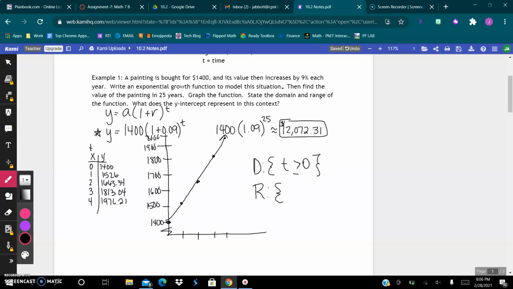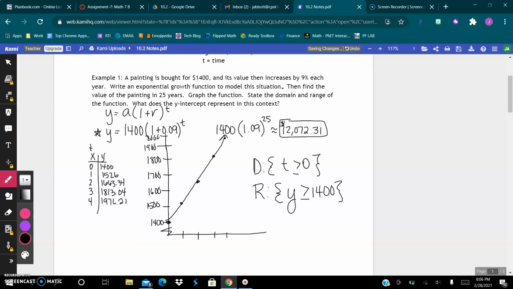If you look at the graph, the smallest y value is 1,400. It doesn't go below 1,400 because, I mean, the graph would on your graphing calculator, but we're not going to have negative years, so that doesn't make sense in our problem. So our y value has to be greater than or equal to 1,400.